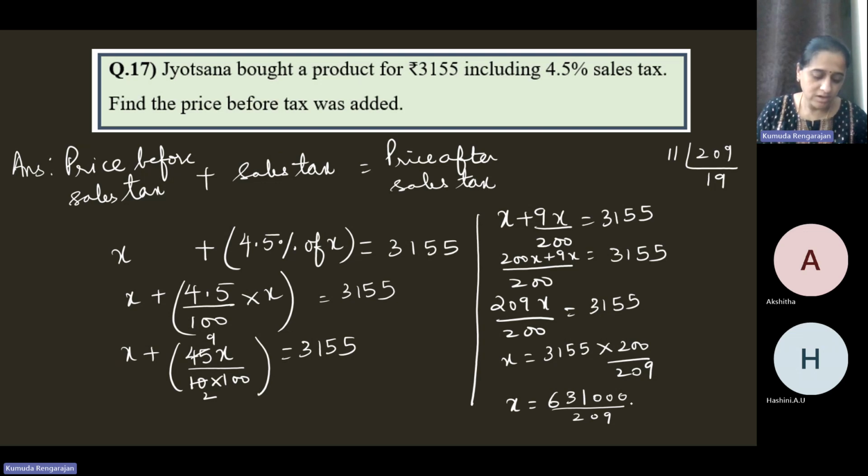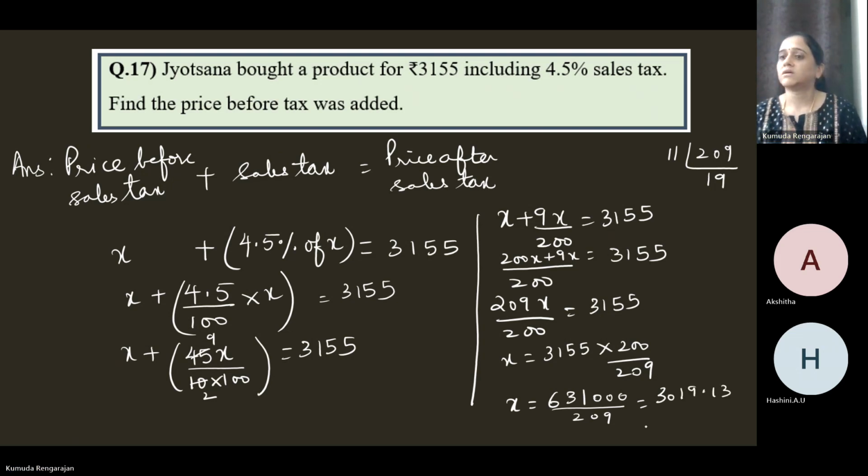631,000 divided by 209 is somewhere around 3019.13. Did you get the fraction, all of you? Not this number, the fraction 631,000 by 209.